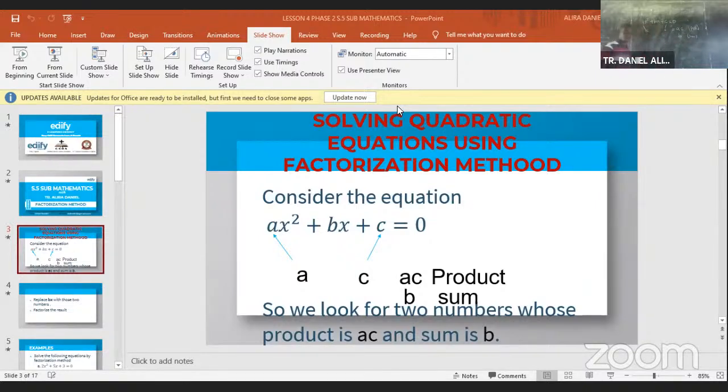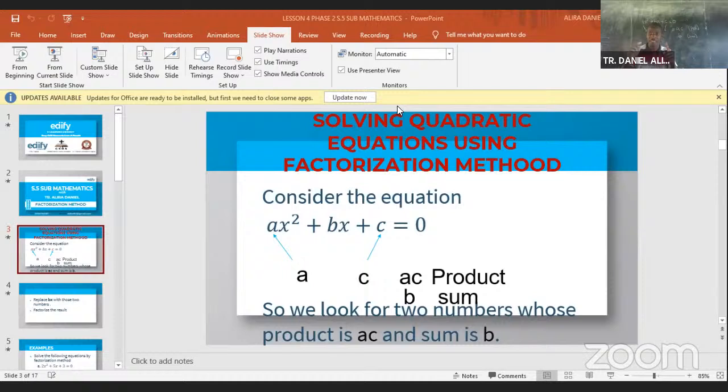Now, after getting a times c, we look for two numbers. When you multiply those two numbers, you get ac, and when you add those two numbers, you're supposed to get b. Let me come again. If you are to solve any quadratic equation using the factorization method, you get two numbers.